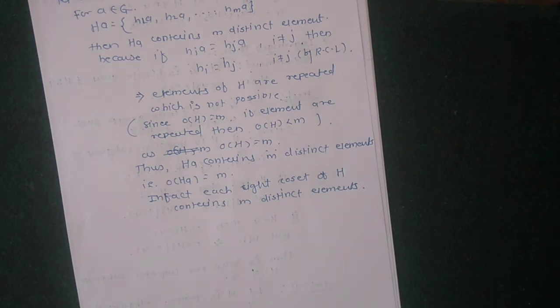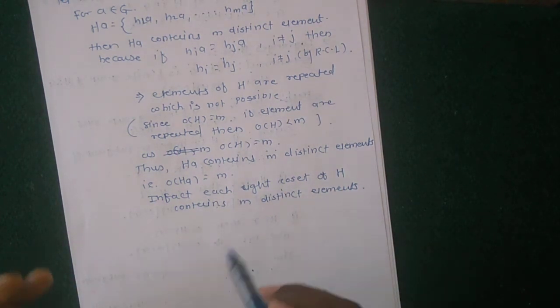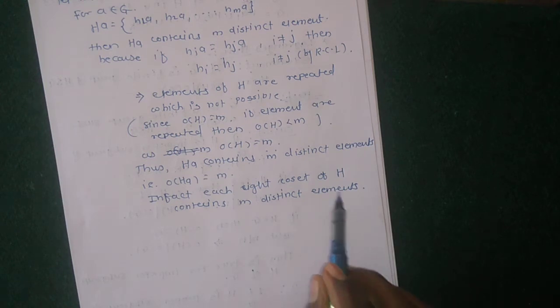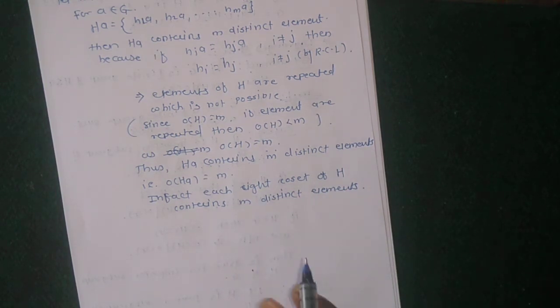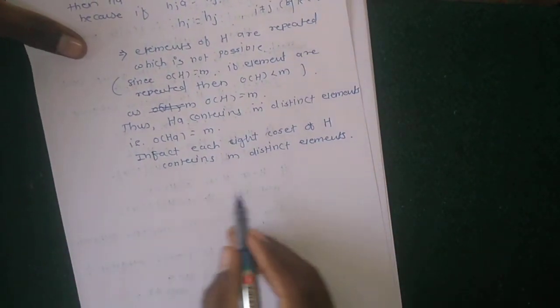The number of right cosets is whatever it may be, but the number of elements in each right coset is exactly m, and they are all distinct elements. So each right coset of H contains m distinct elements.